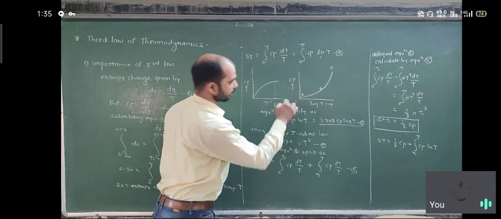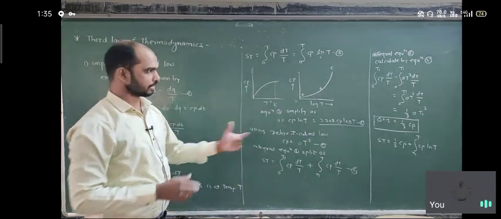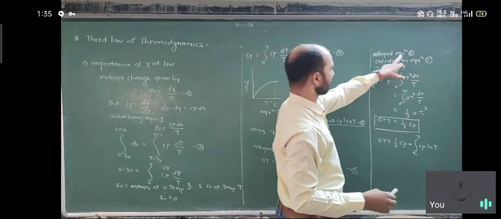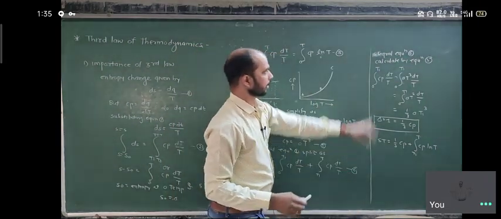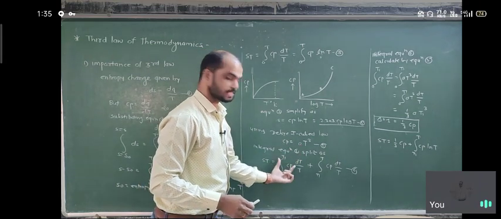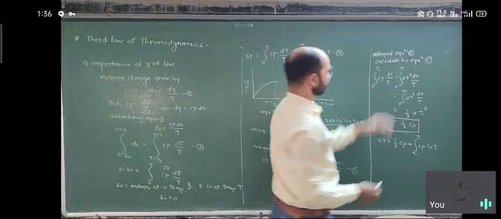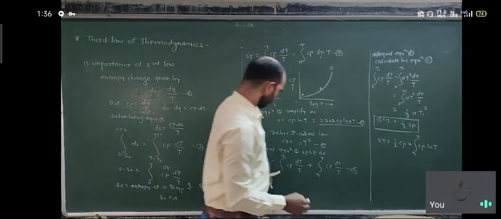So we apply this Debye T cube equation here, we get the integral equation number 6, and it is calculated by equation number 5. Equation 6 is calculated by using equation number 5. So what is equation 6?